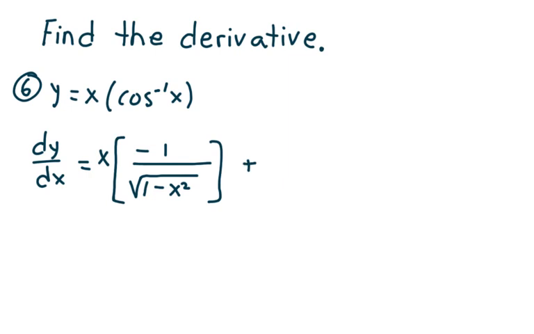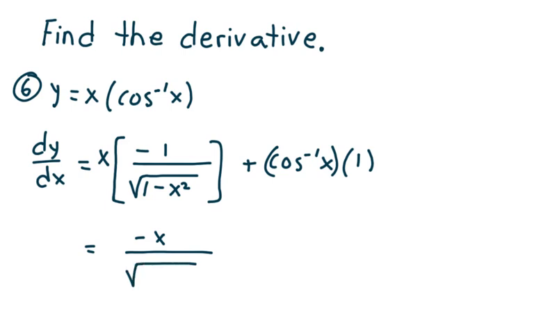I'm going to write the second function, which is arc cosine of x, and then take the derivative of the first function, which is 1. So I get -x over the square root of 1 minus x squared plus arc cosine of x divided by 1.